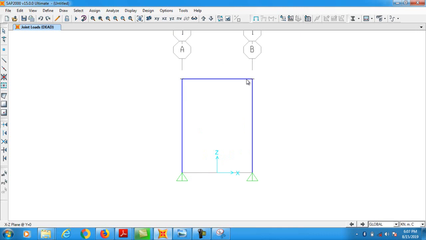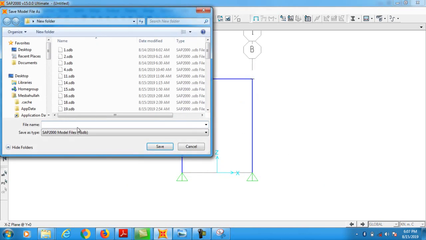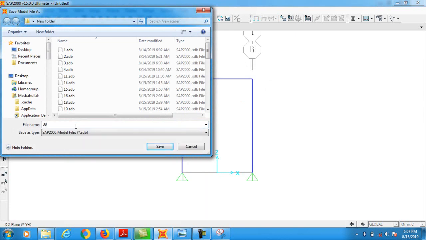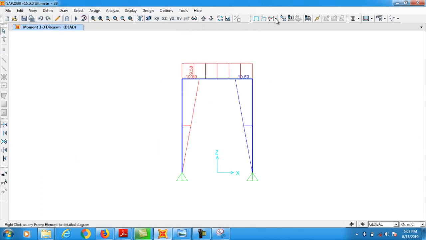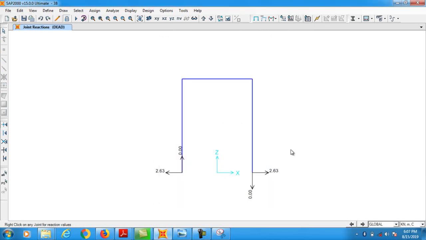Okay, and we need to analyze now. Model do not run. Okay, run now. Save it. This is example number 38. Clear? We want to see the joint reactions. These are the joint reactions.